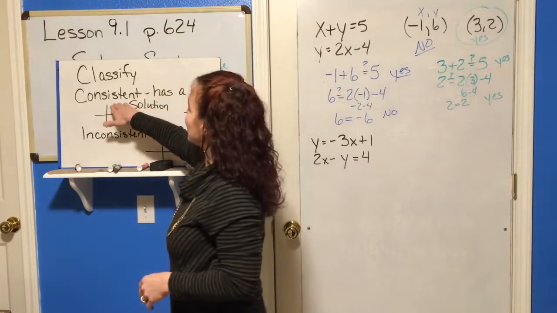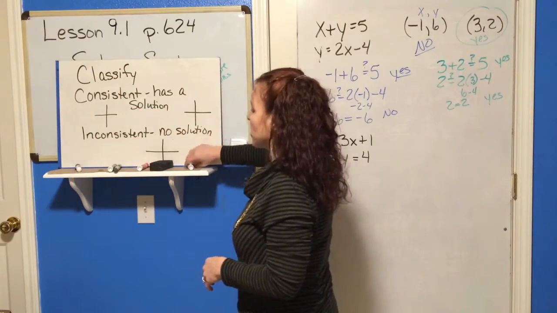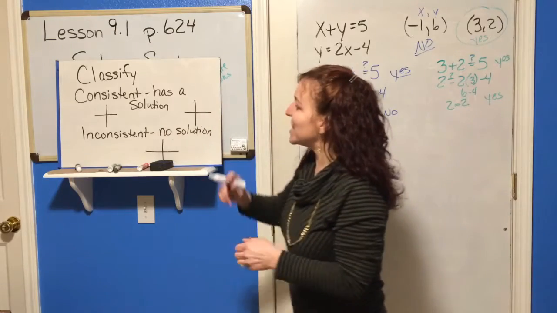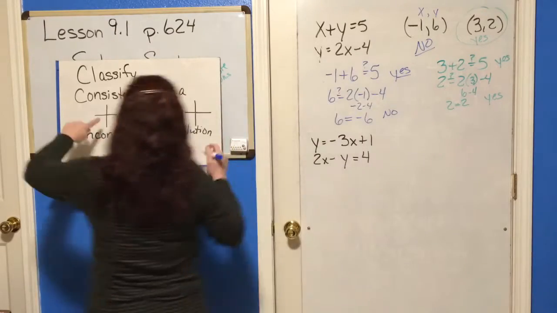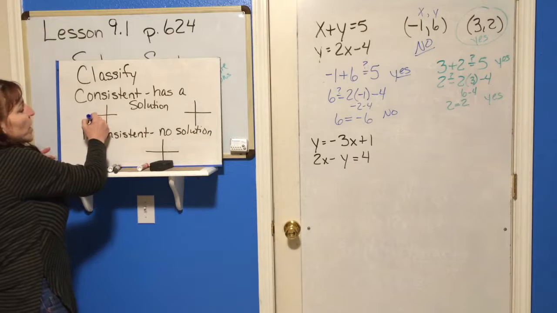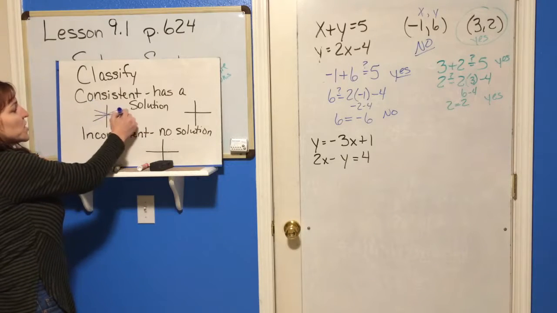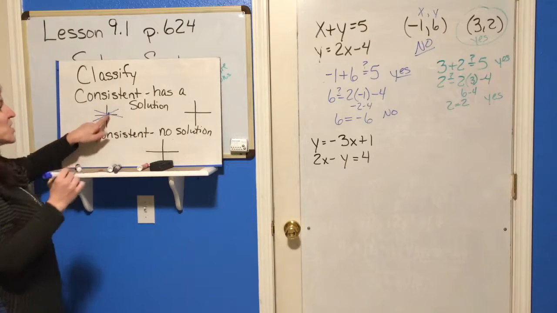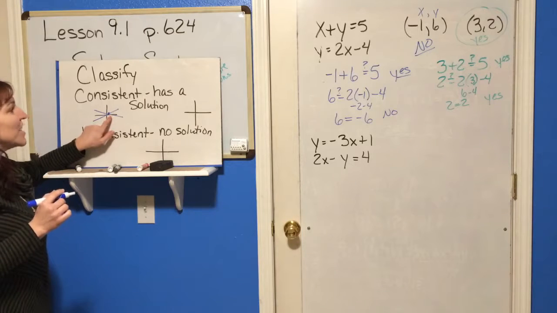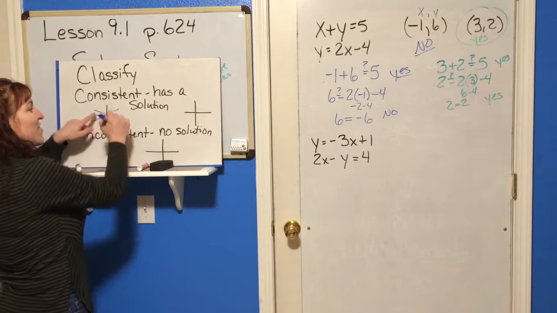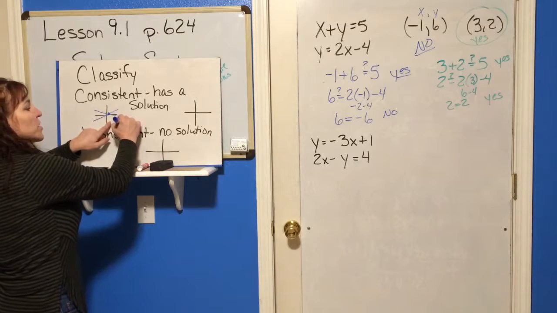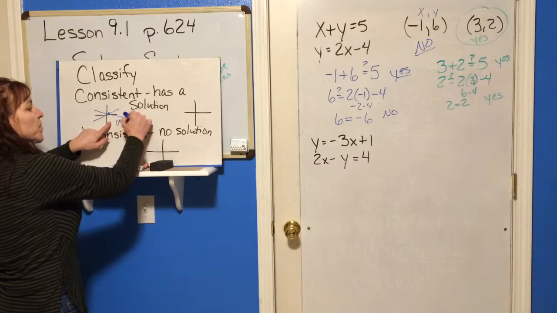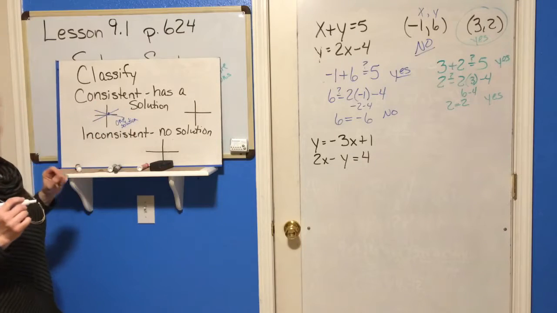A consistent system has a solution. To be a consistent system, one line goes this way, and the other line goes this way, and there's a place where they meet. That place where they meet is the solution, and this graph has one solution, and it is consistent.